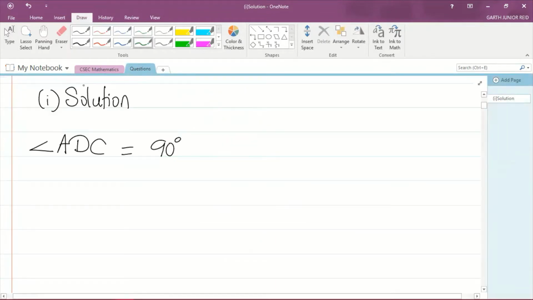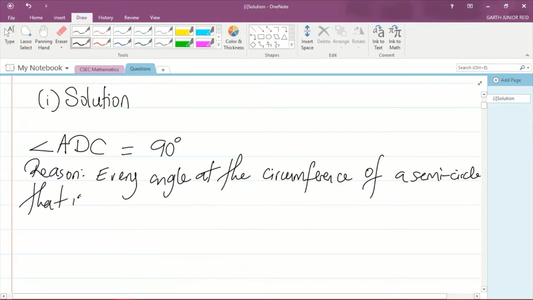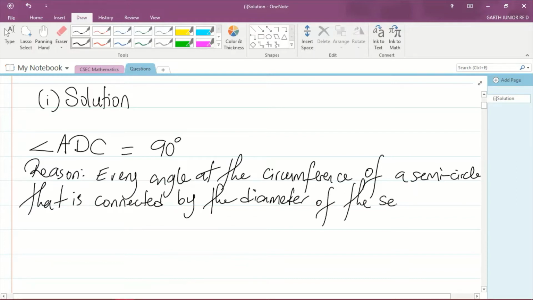So I'm going to write it here. My reason is every angle at the circumference of a semicircle that is connected by the diameter of the semicircle is a right angle.